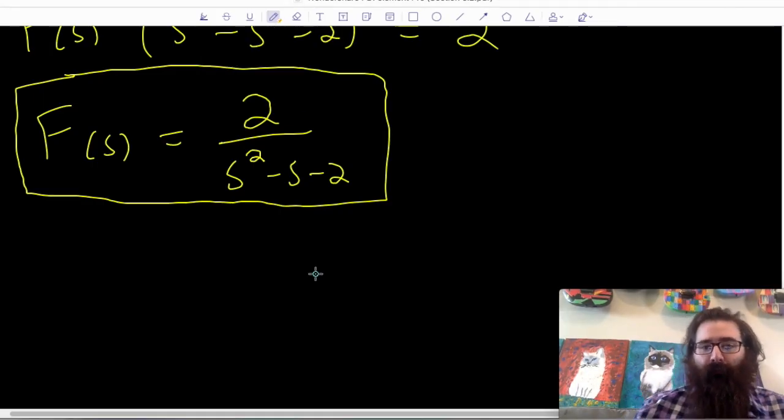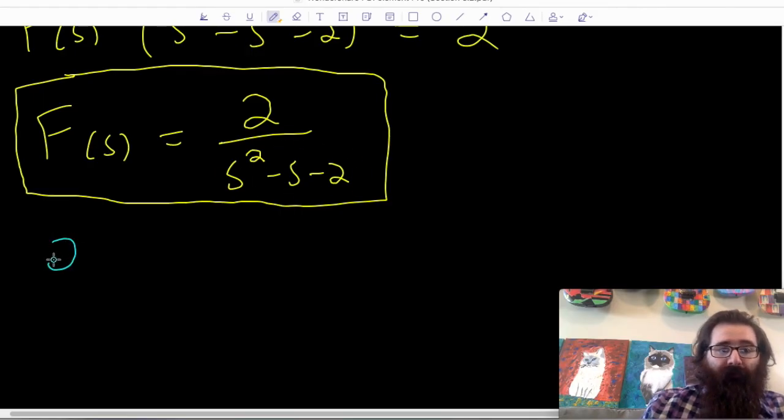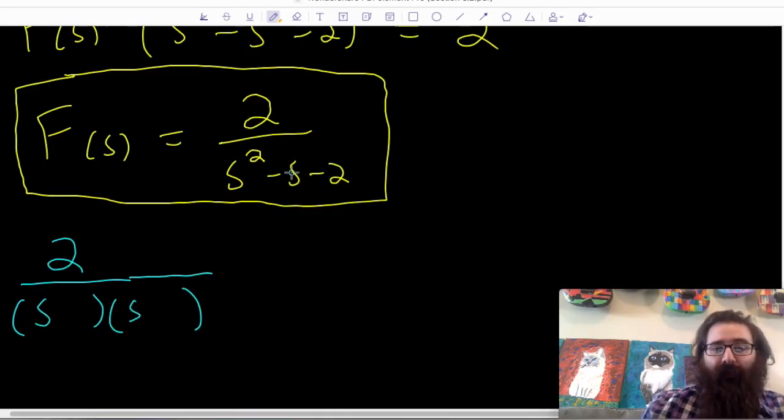So what I want to do is I want to, if possible, factor this denominator. And it's going to factor, so I'm going to say 2 divided by, I can get my parentheses here, we got s and s, multiplies to -2, adds to -1, so that's going to be -2 and then +1.